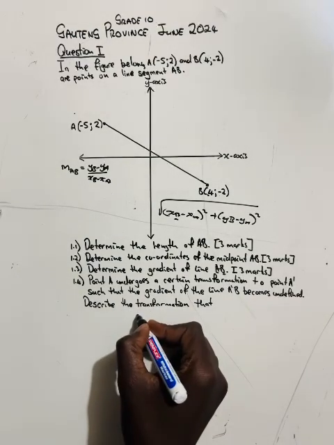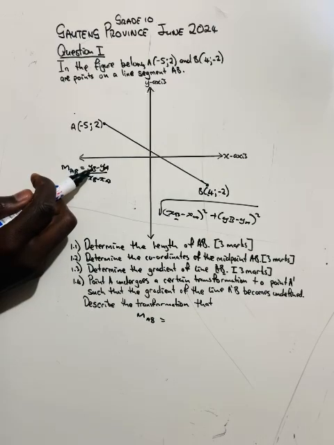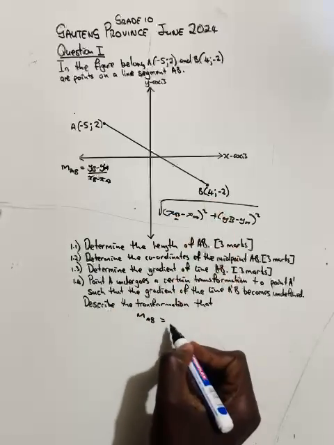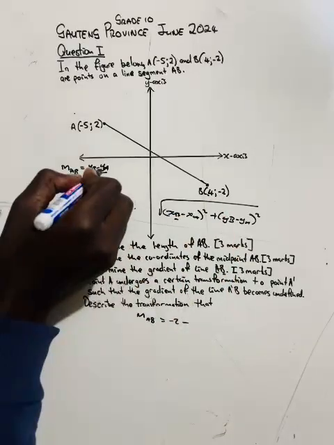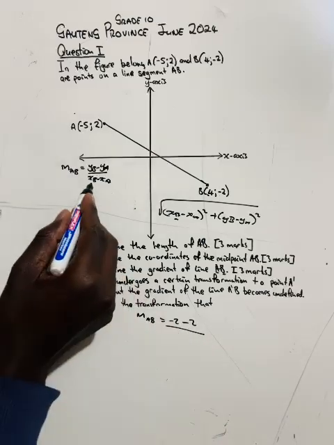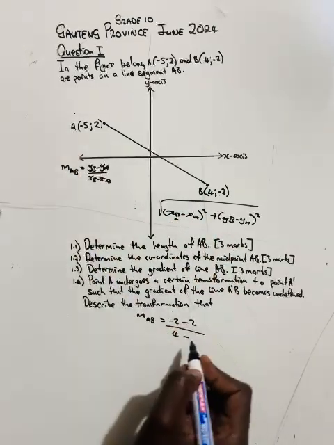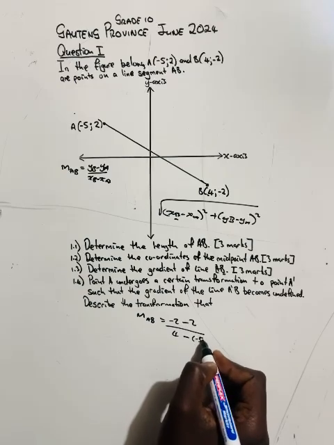So I'm saying my gradient of line AB is equal to my y at point B, which is negative 2, minus my y at point A, which is 2, all over my x at point B, which is 4, minus my x at point A, which is negative 5. So open bracket negative 5 there.